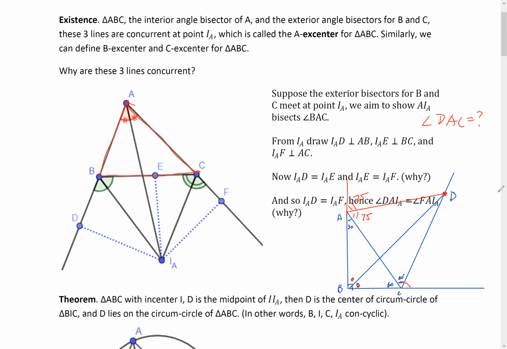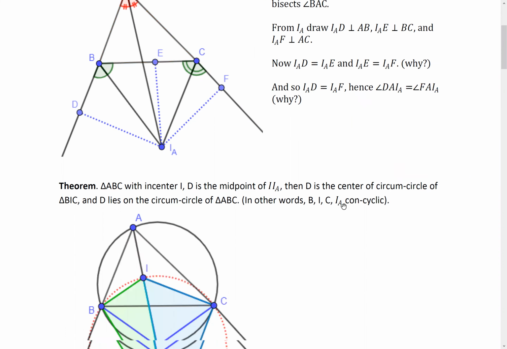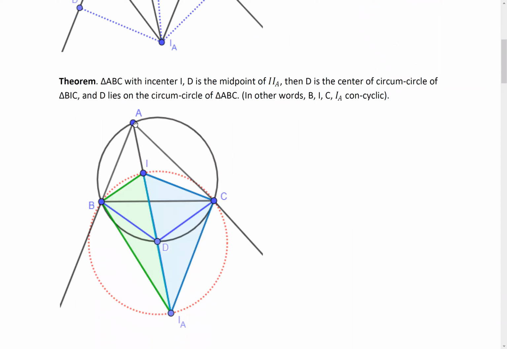Okay, so last time we also mentioned something related. Let's take another look at it. Triangle ABC, I draw the circumcircle, and I is the incenter. I extend AI, let it meet the circumcircle at point D. Right?